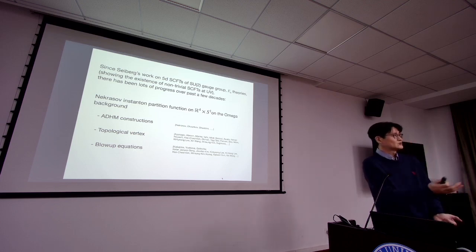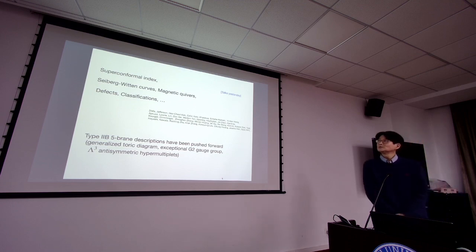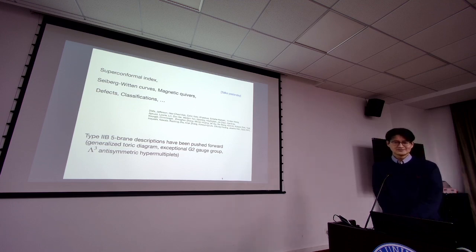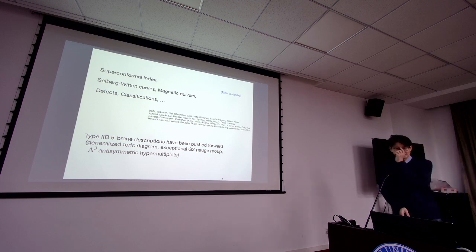I think there are many experts in this audience. Another observable is the superconformal index, which is a twisted partition function on, let's say, S4 times S1. Yesterday we talked about the superconformal index appearing here.